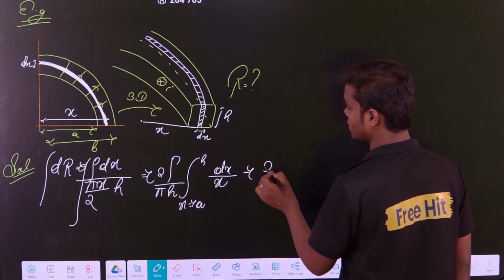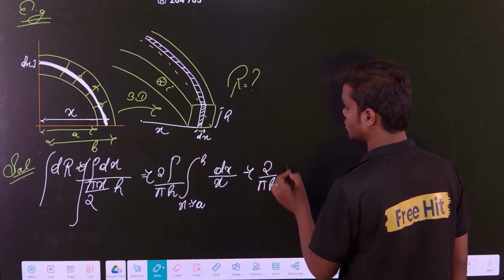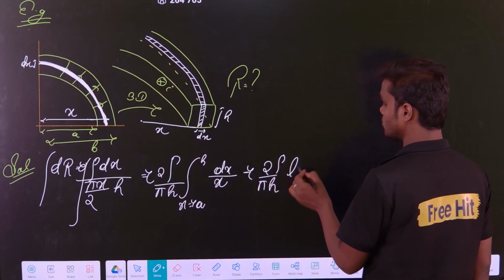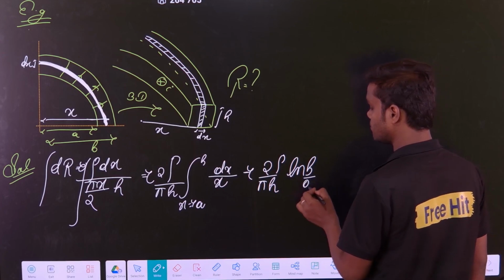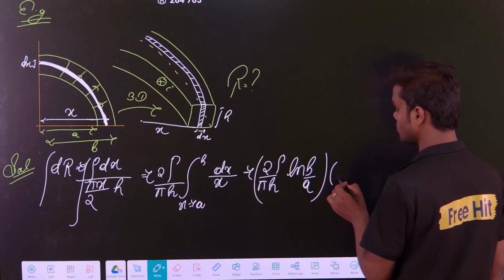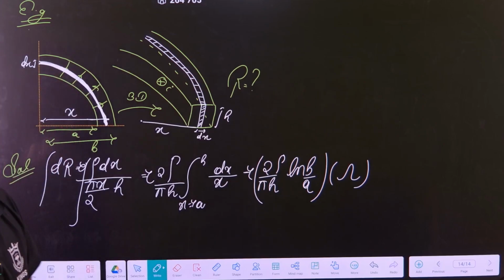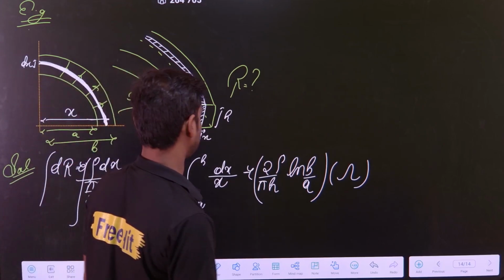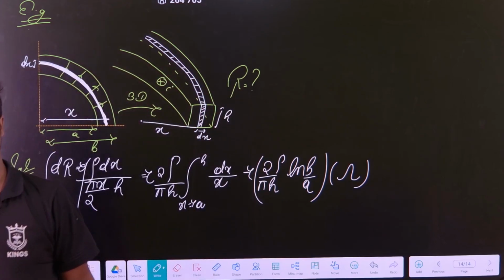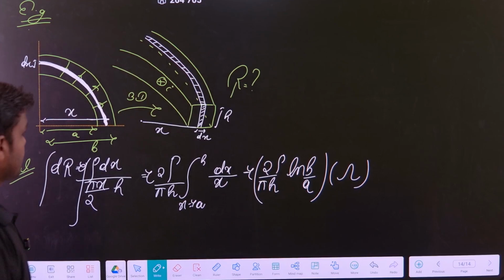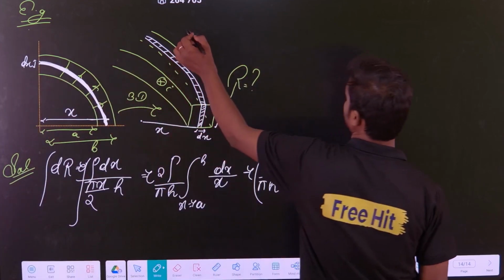You will integrate and get rho by pi h into ln b by a. So this is my resistance. I hope it is clear now. So here we have a length variation.